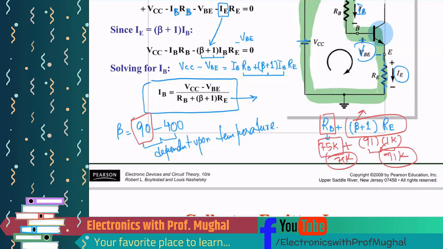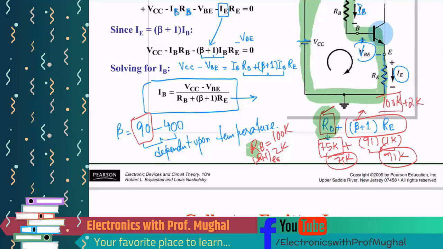Ideally, you want this RB term to be so big. Like if RB is 100K and beta plus 1 times RE is, say, 2K or something, then if you plug in the values, you are basically doing 100K plus 2K.